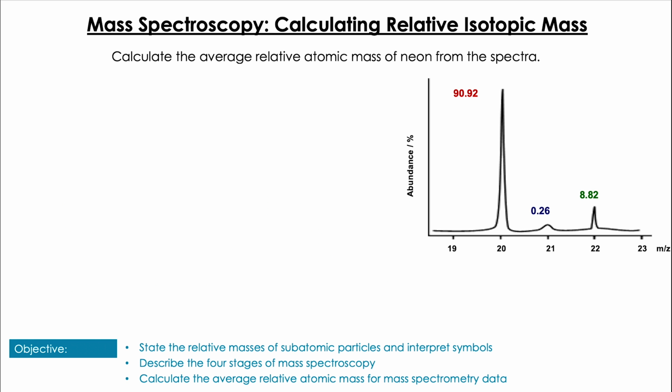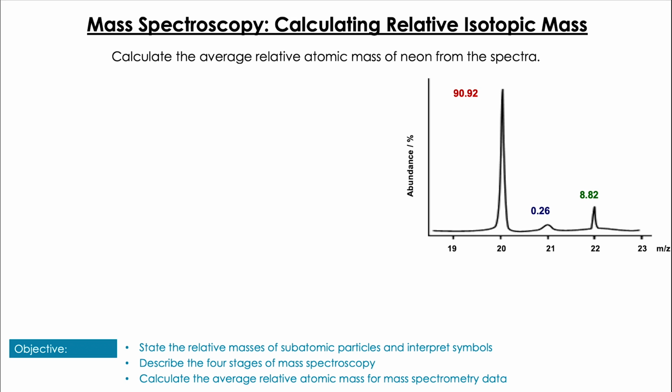So when we do get the spectra, they tend to look like this. We have positions of the peaks, with our m/z value on the x-axis and abundance in percentage on the y-axis. The positions of the peaks along the x-axis give us the atomic mass, and the intensity of those relates to the relative abundance, and that can be scaled to 100%, and we adjust all the other values accordingly from the highest value.